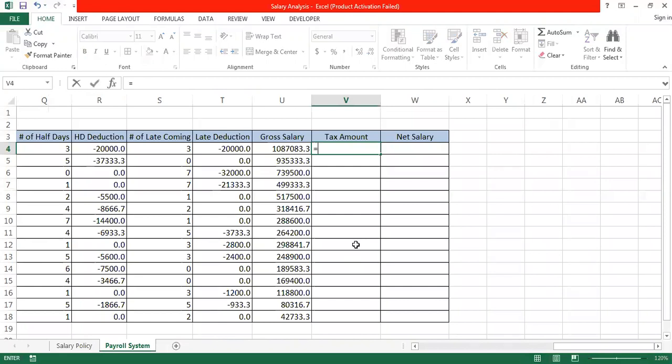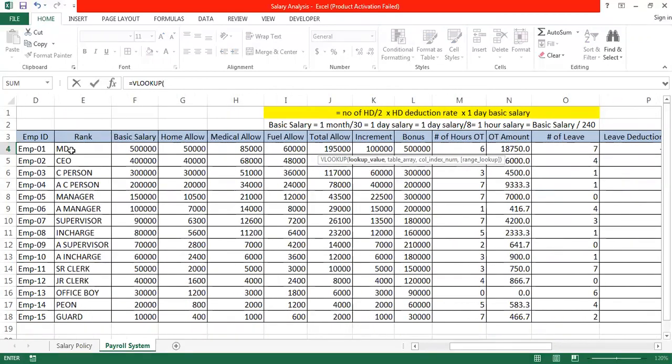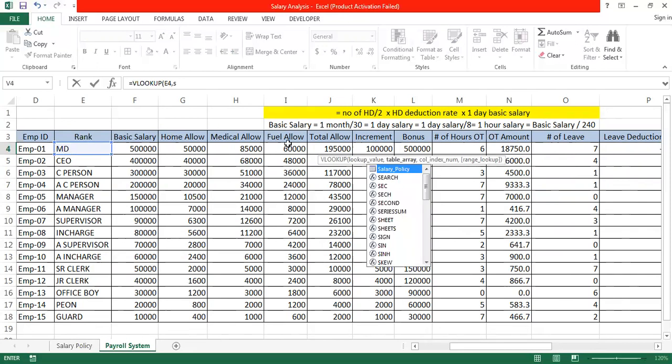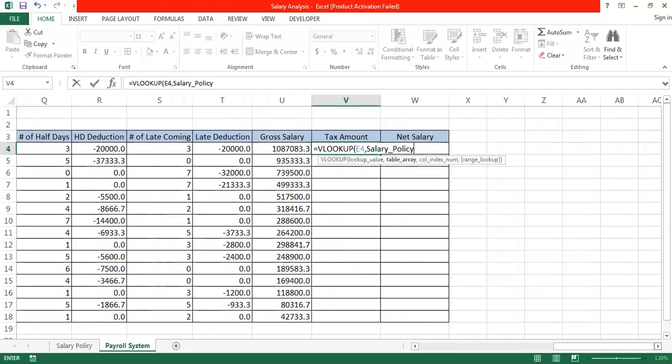So is equals to VLOOKUP, what we want to look up. We want to look up the rank, where we want to look up the rank in the salary policy table, and in the salary policy table the tax rates are available in column index number 8, and exact match, bracket close.